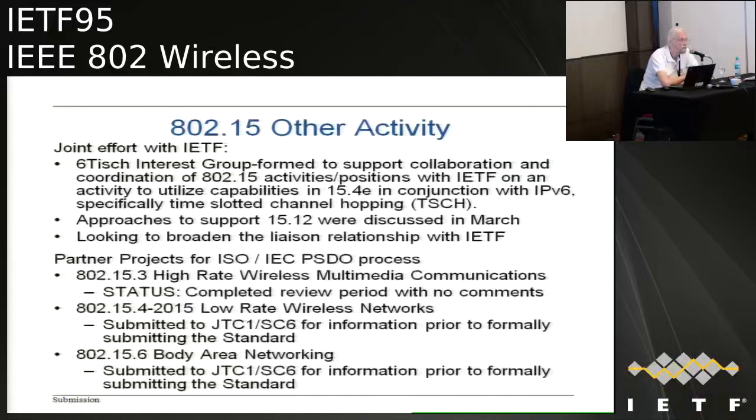And in .11, we've done that for a number of years. The other 802 groups, .15, .16, .3, .1, are also doing that now. So the goal is to get that international standardization approval.